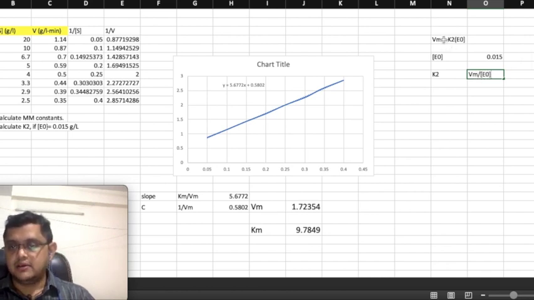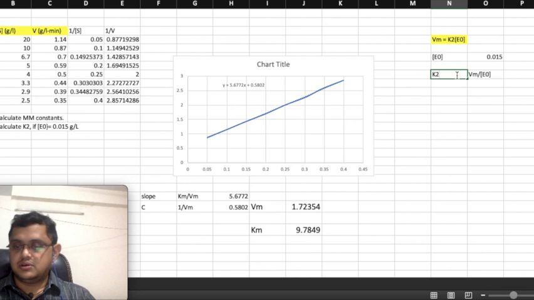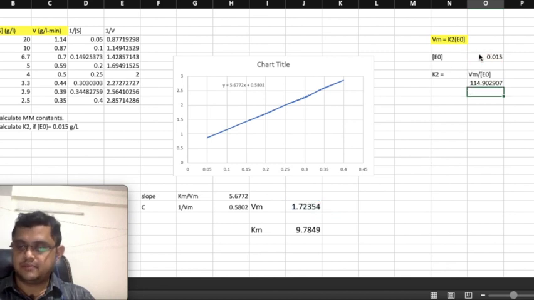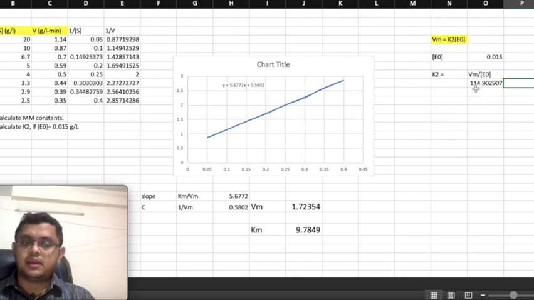So the Vm value is this, divided by the E0 value, this. So K2 is equal to 114.90297.